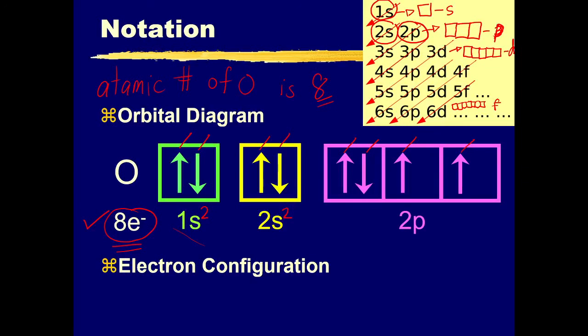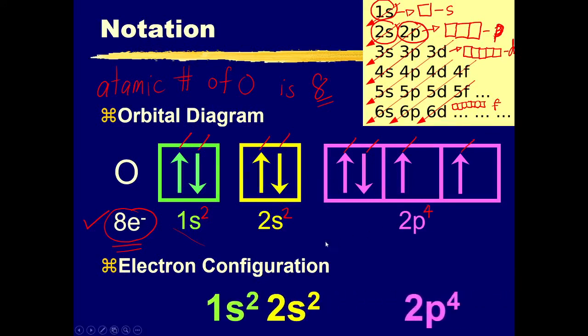Sunod, ang ikatulo, ang 2p, how many arrows man ang naa dinha, section Emerald? Upat. So I'm gonna make that 4. So the electron configuration is simply 1s2, 2s2, 2p4. Is our first example clear?